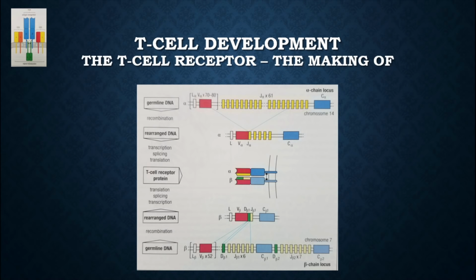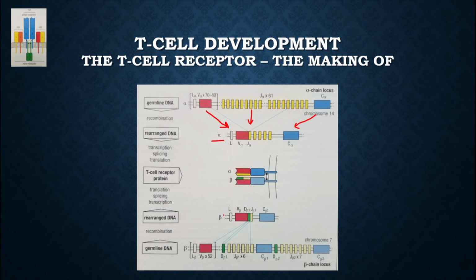There's also a bunch of genetic variability within T cell receptors, and this is very analogous to the antibody gene recombination. For the T cell receptor, you pick one of the V regions and combine it with a series of J regions and a constant region to get your alpha chain.